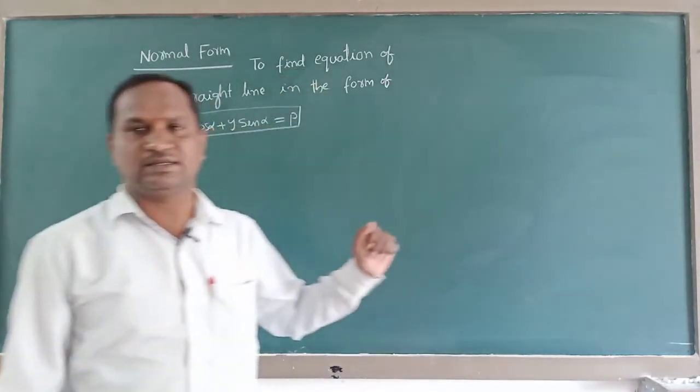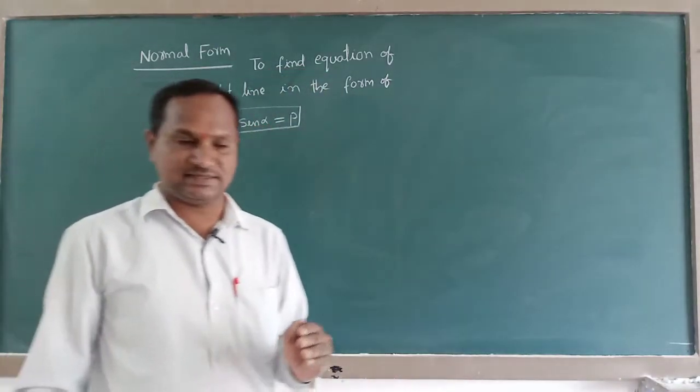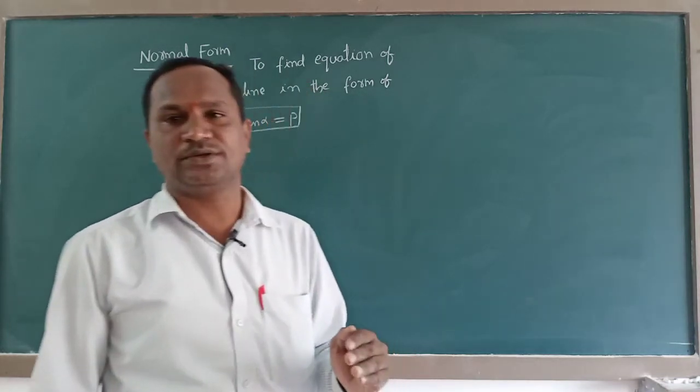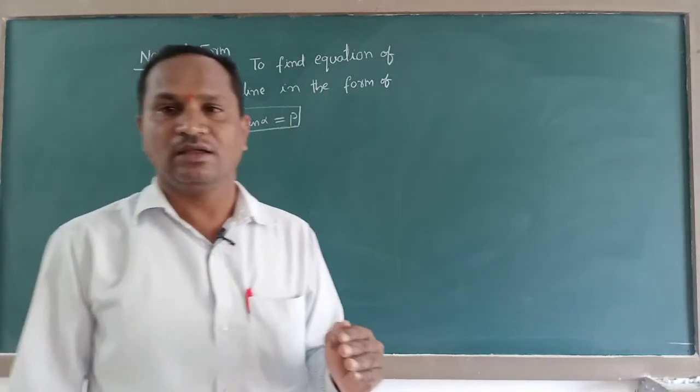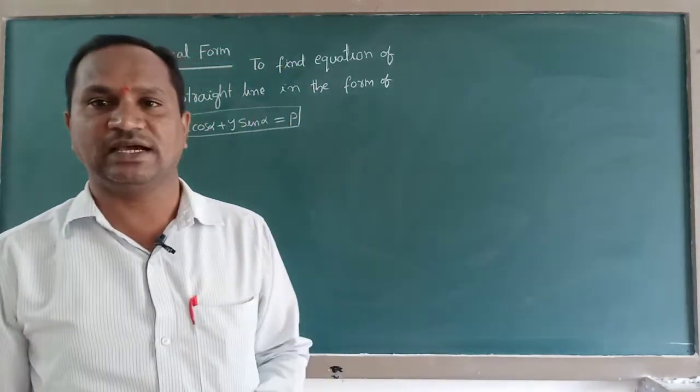At the same time, alpha is the angle made by the perpendicular line along the x-axis in positive direction.